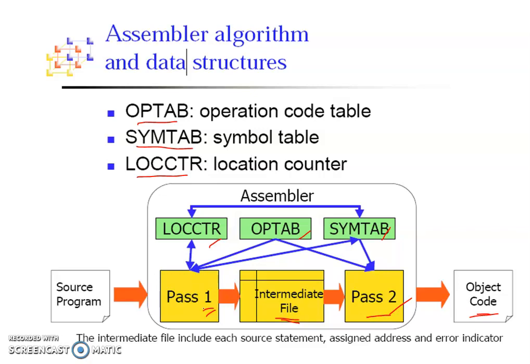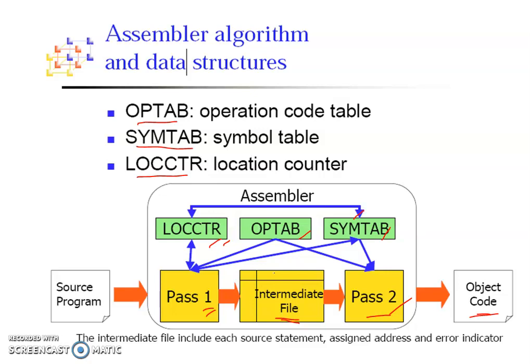First, the address for every instruction will be generated based on the location counter value, and also using the SymTab, these addresses will be stored for the labels that are being used in the program.